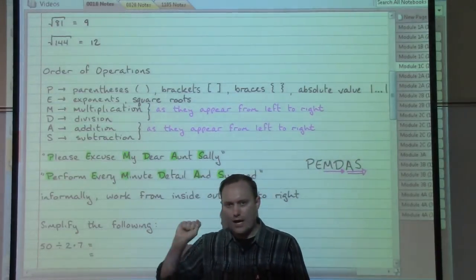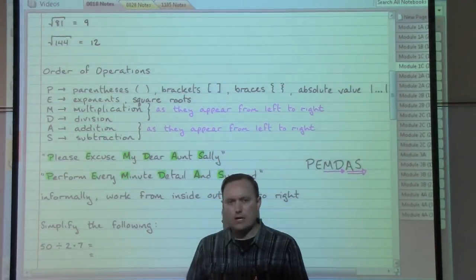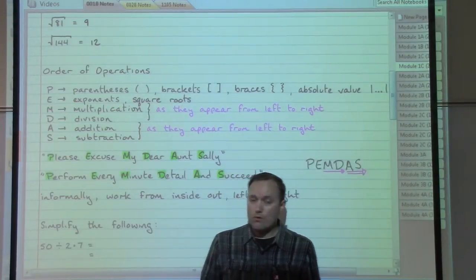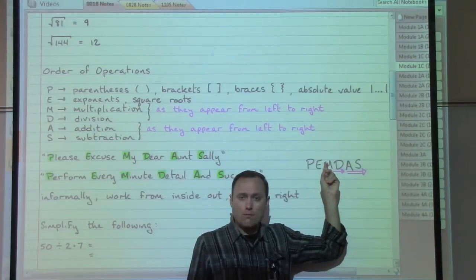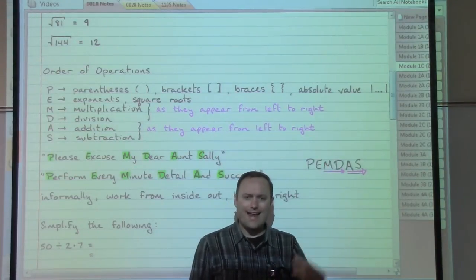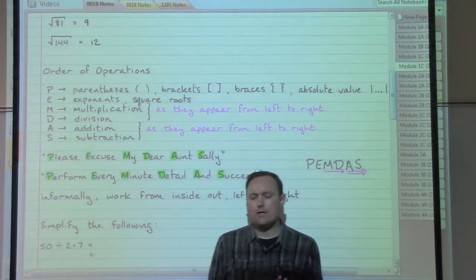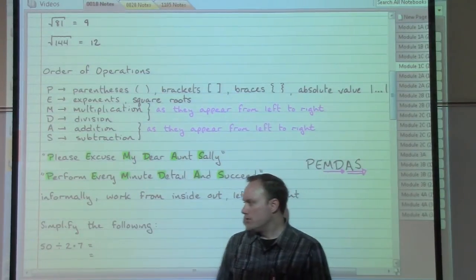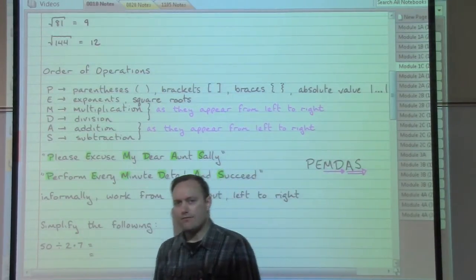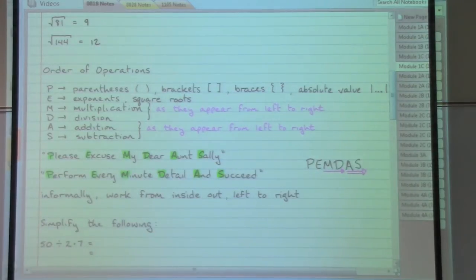Do we do the divide or do we do the times? So we refer back to our order of operations and say, well, the things mentioned are multiplying and dividing, and that arrow underneath is reminding me to do them as I read them from left to right. So the first thing that I read here is the 50 divided by 2.